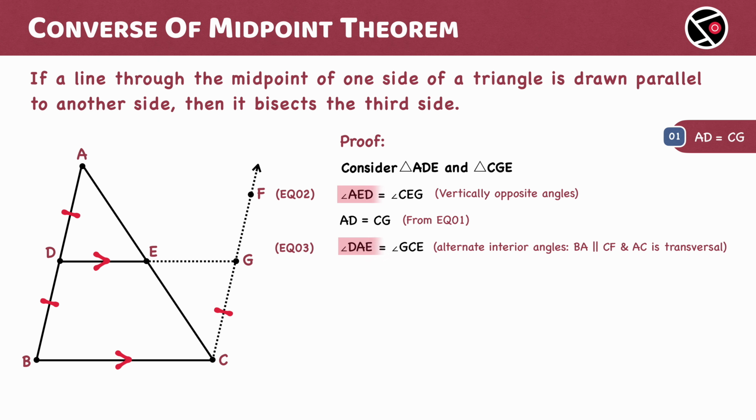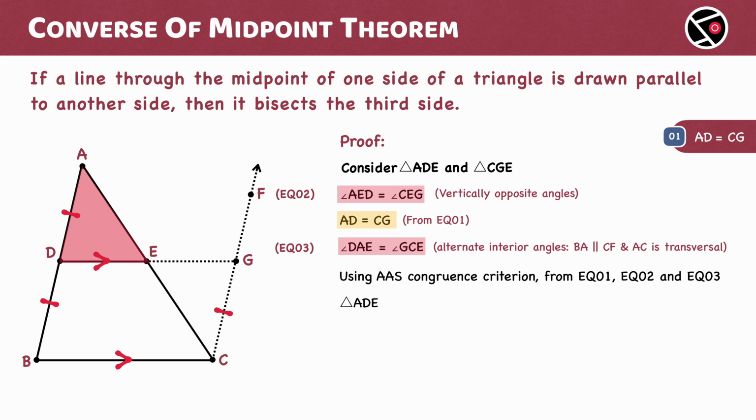With two pairs of equal corresponding angles and one pair of equal corresponding sides, by the AAS criterion for congruence, triangle ADE is congruent to triangle CGE.